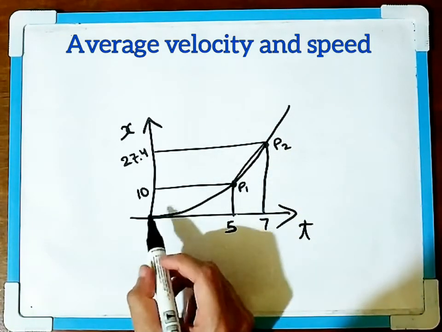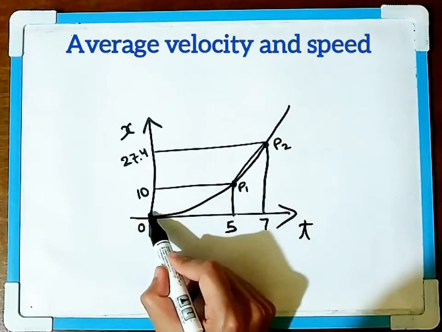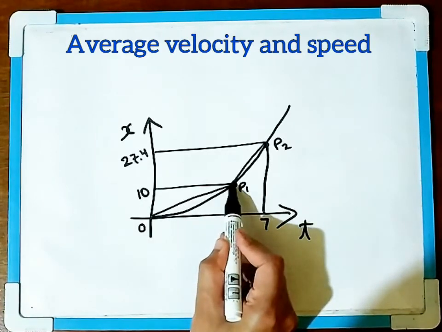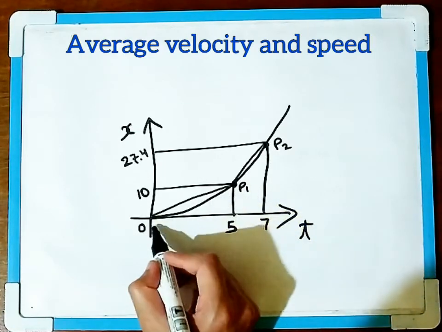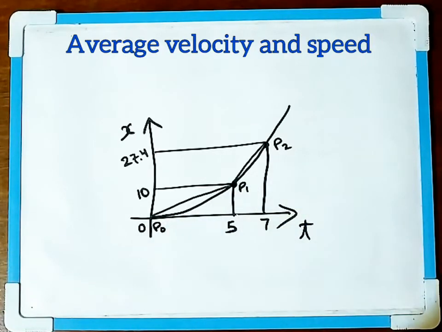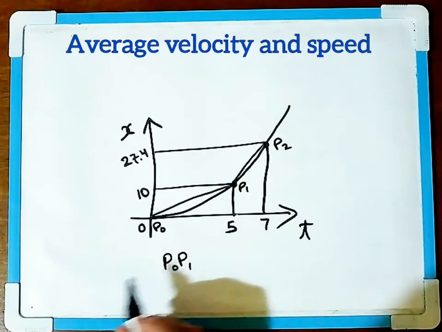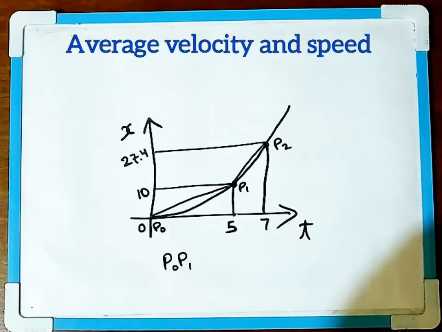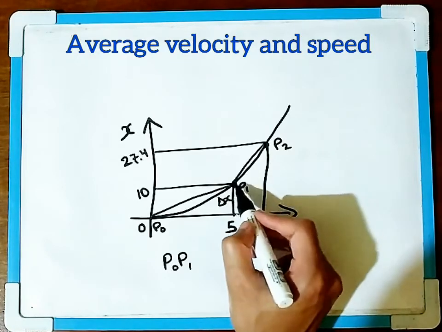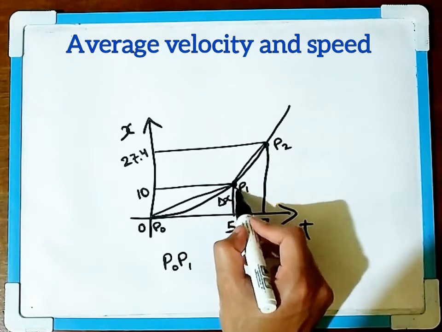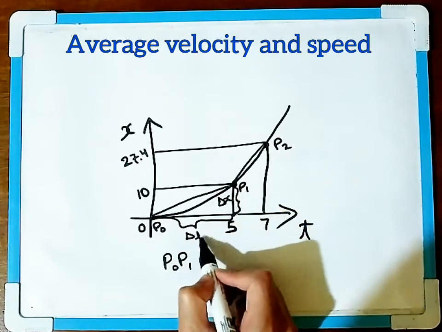Now we can also find the average velocity between this time interval 0 and 5 simply by drawing a straight line and calculating the slope of this straight line, say P0, P1. So if we calculate the slope of this straight line P0, P1, you'll get the average velocity. And in this case also you'll have to take the displacement delta x, which is this one, and the time interval delta t, which is from 0 to 5.